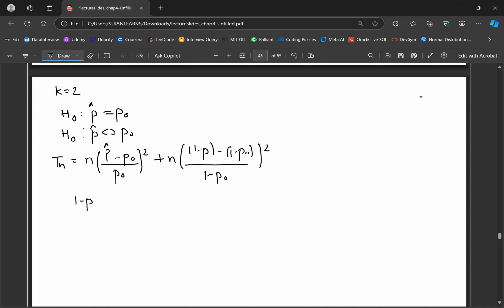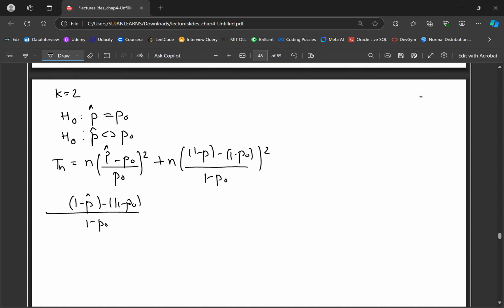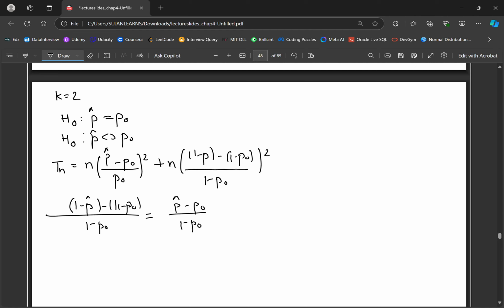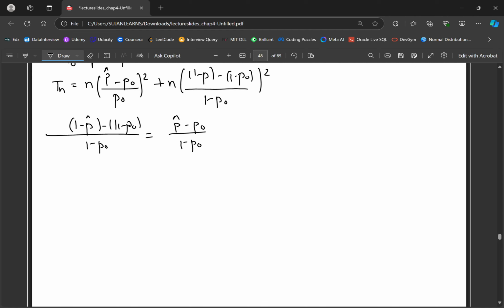The second term is (1 minus p hat) minus (1 minus p naught), which is equal to p naught minus p hat. Now the test statistic becomes Tn equal to n (p hat minus p naught) squared times (1 over p naught plus 1 over (1 minus p naught)).